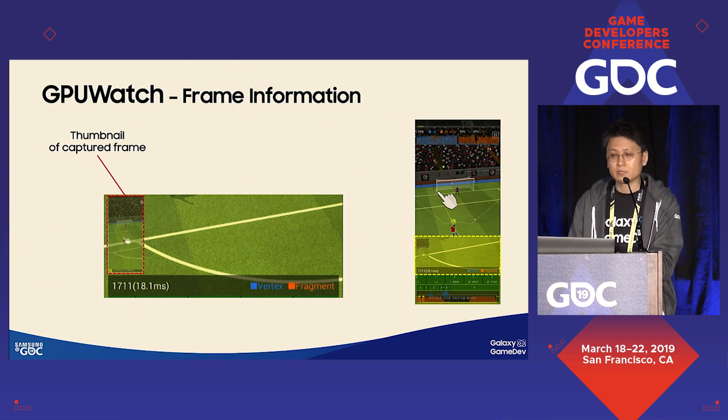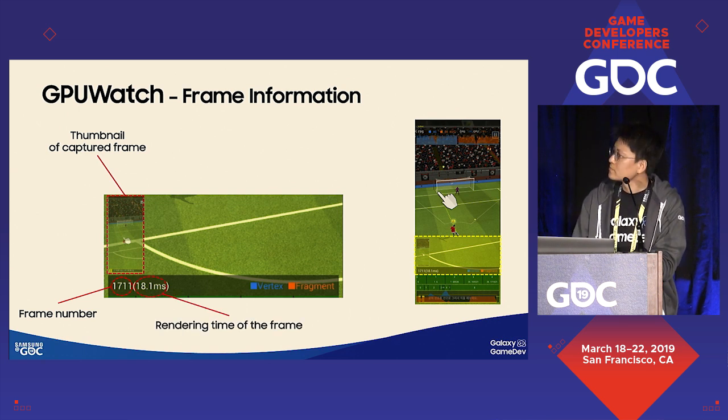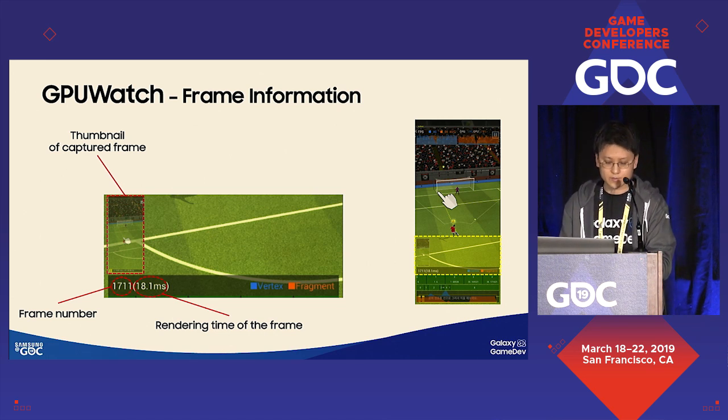For basic information, by displaying the thumbnail of the captured frame and the frame number, we can know what exact frame was captured. And there is rendering time information as well. It tells that it took 18.1 milliseconds to render this scene.